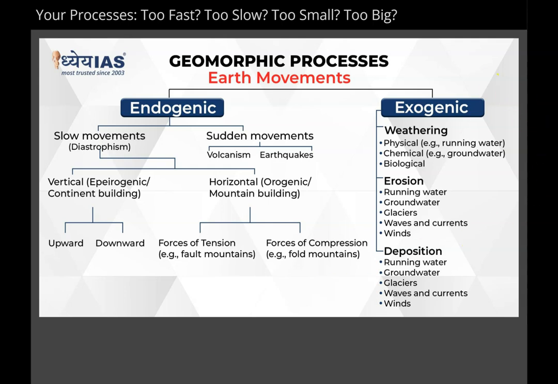In contrast, we have the exogenic processes. These are the processes usually related to water, wind, or ice that happen at the surface of the Earth. Weathering, erosion, deposition, rivers flowing, waves crashing onto the shore, winds, groundwater, glaciers, all of those things are exogenic processes.